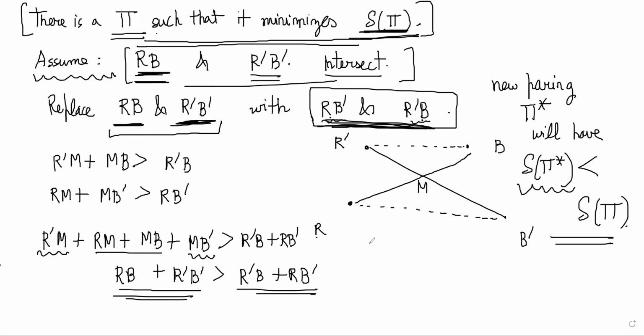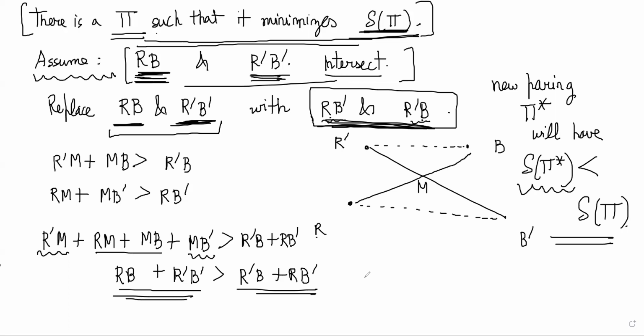So therefore we have completed our proof that if you want to minimize the sum of the line segment lengths, then you will always be able to find a set of line segments which do not mutually intersect.